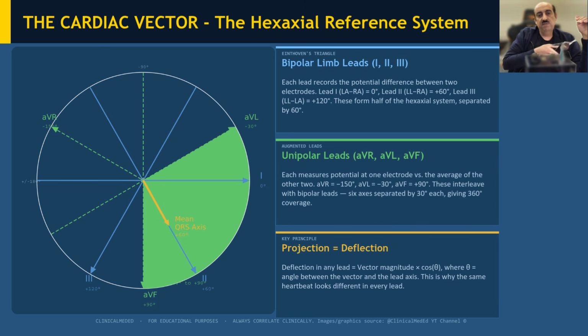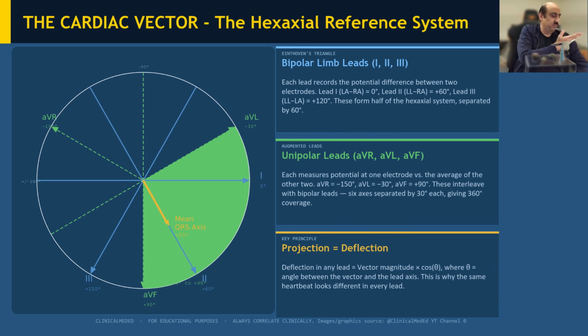Between lead 2 and AVF, again, we have 60 and 90 degrees, so that's 30 degrees. AVF and lead 3 is again between 90 and 120, 30 degrees. And between lead 3 and AVR, you have plus 120 to minus 150, but that's a negative angle on the right side. So between them, these 6 leads cover 360 degrees.